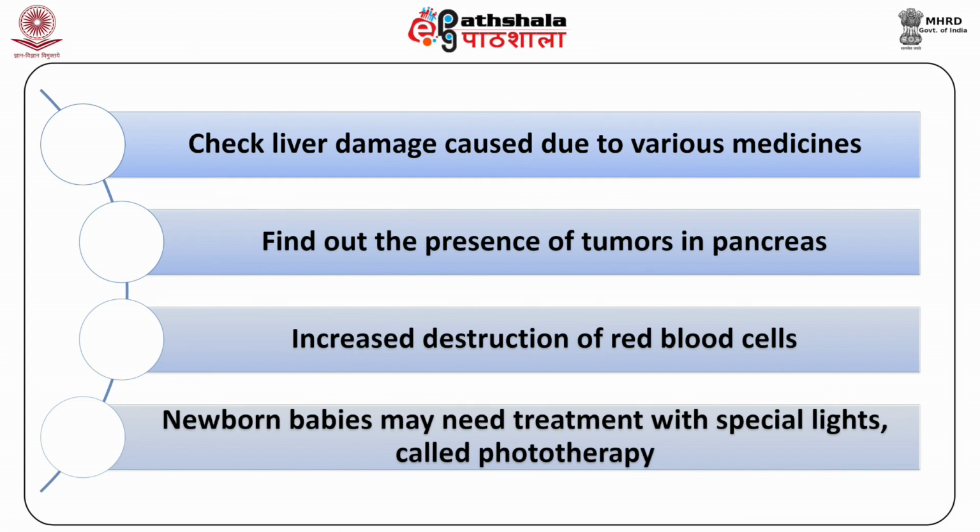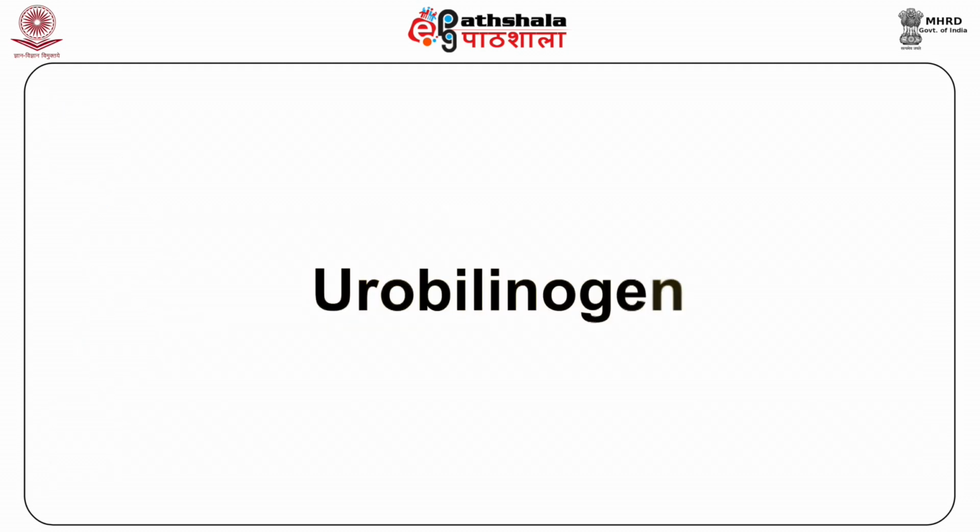They are used to find out the presence of tumors in the pancreas or gallstones that may block the bile ducts, and to diagnose conditions that cause increased destruction of red blood cells, such as hemolytic anemia or the hemolytic disease of the newborn. They also help make decisions about whether newborn babies with neonatal jaundice need treatment. These babies may need treatment with special lights called phototherapy. In rare cases, blood transfusions may also be needed.